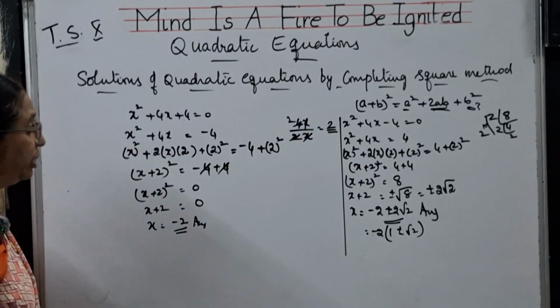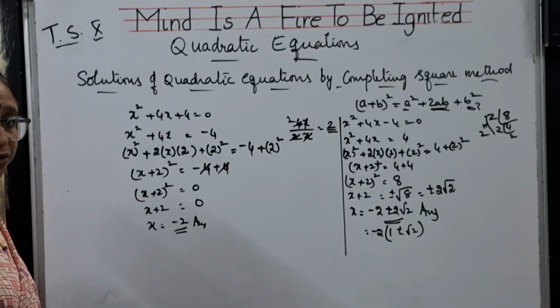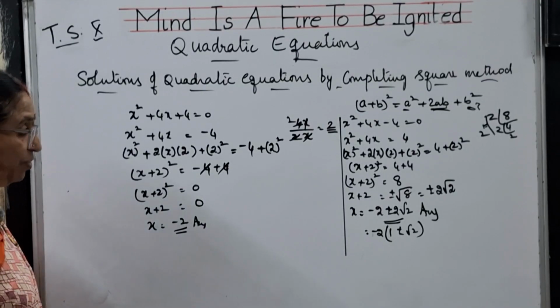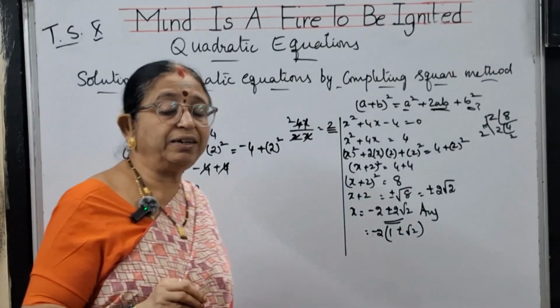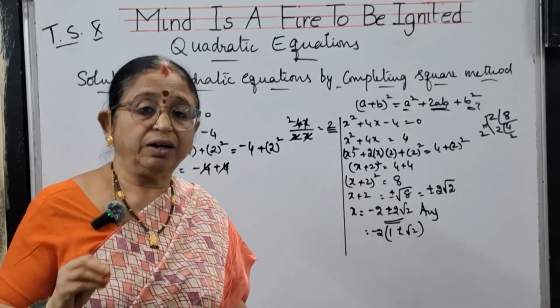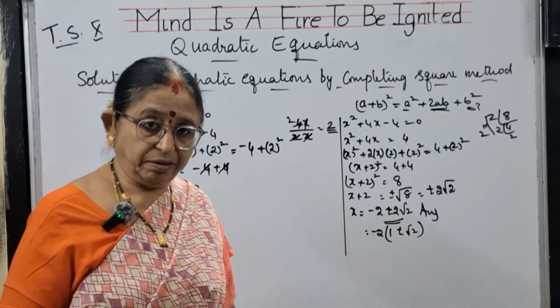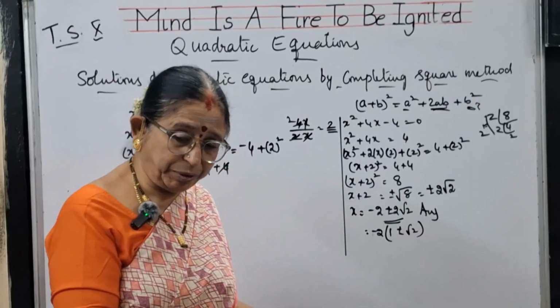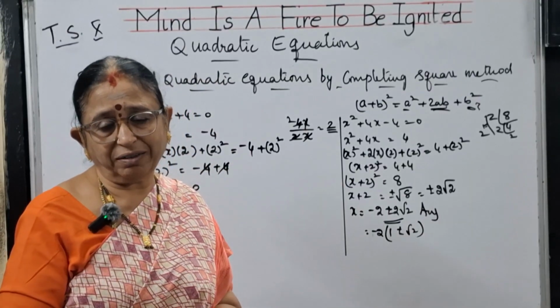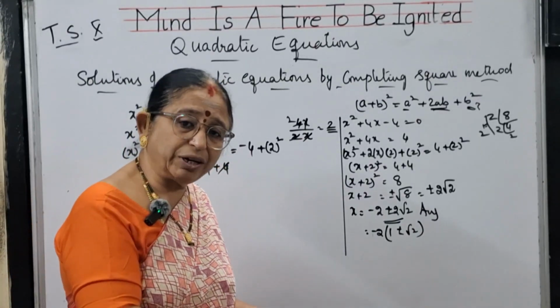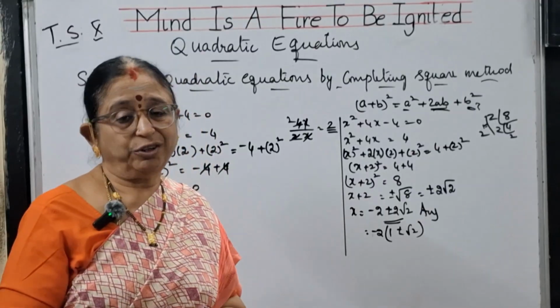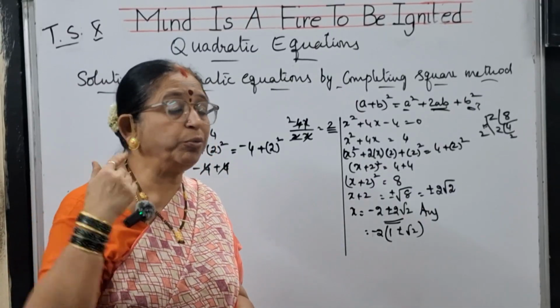This method is very, very important method. Usually in the examination, they will give you: find the roots of the given quadratic equation by a method. Suppose they have given prime factorization method, you have to go for prime factorization method. By completing square method, you have to go for it. You have got next formula method.